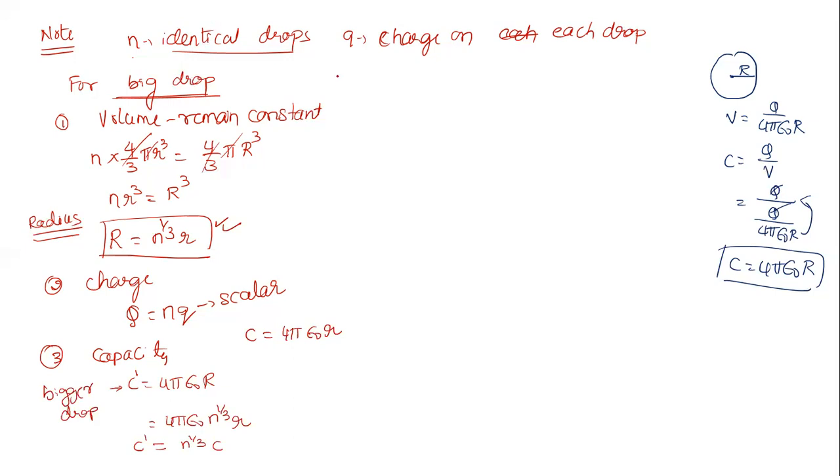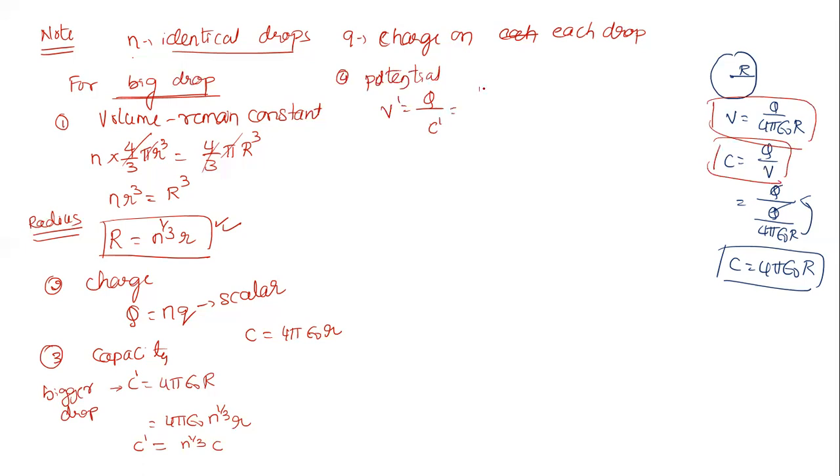Now let us look at the fourth one, potential. What will happen to the potential now? Again, we know the potential formula, and we know one more formula, so we can take this one also. The new potential of the bigger drop is equal to Q by the new capacitance.